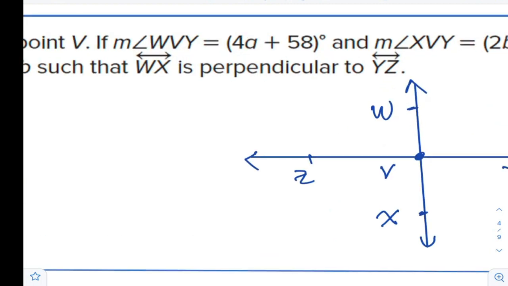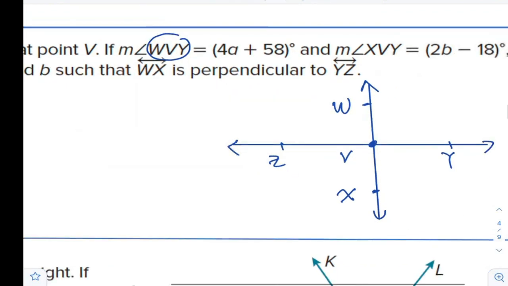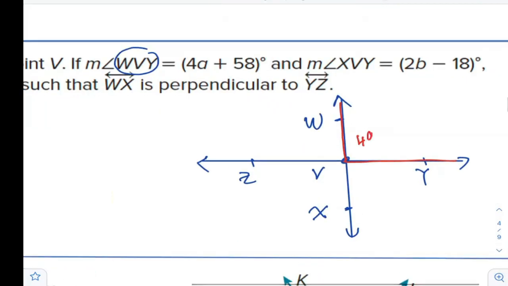If the measure of angle WVY, أمشي معاها W، هاي WVY هذه الانجل هاي, is equal to 4A plus 58.